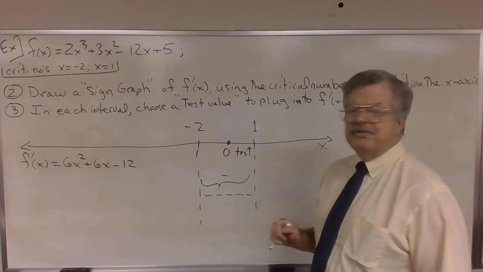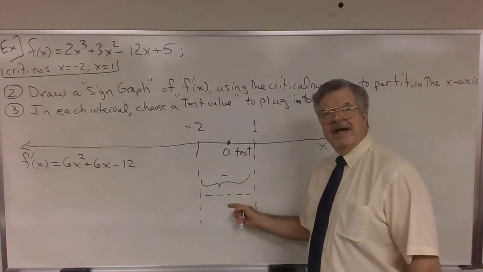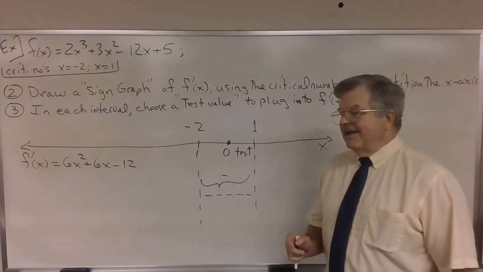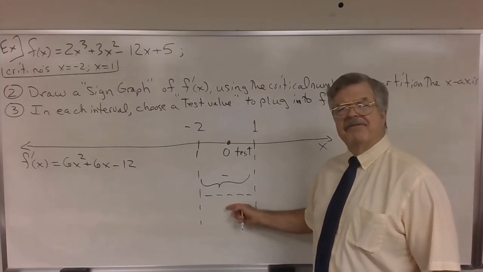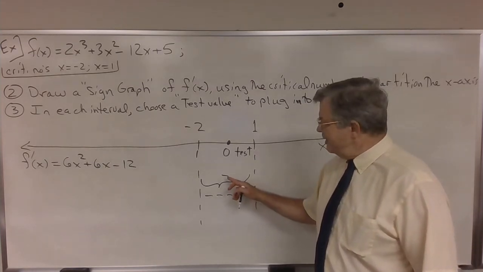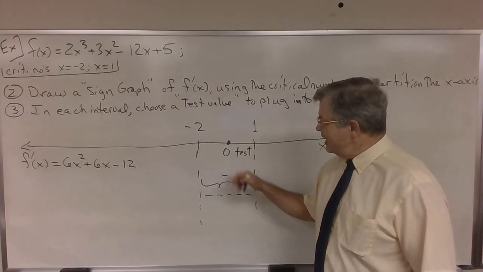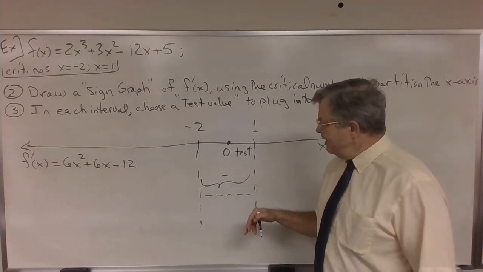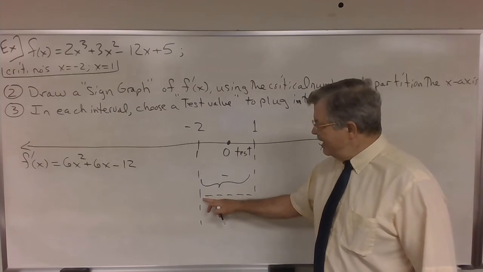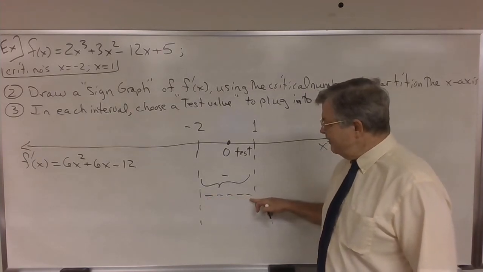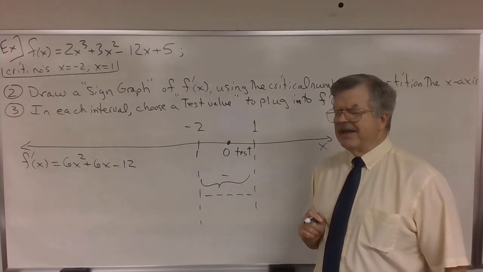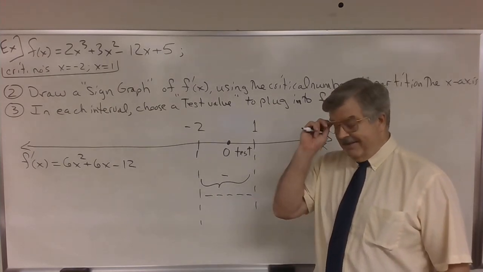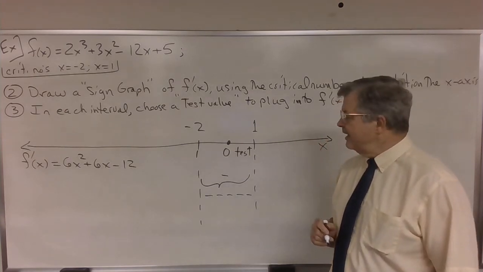I'm not really sure why I feel that way, but maybe I shouldn't assume that this is true. But I have a feeling that if the derivative is negative right here at x equals 0, then the derivative is probably negative for every x value in this interval.